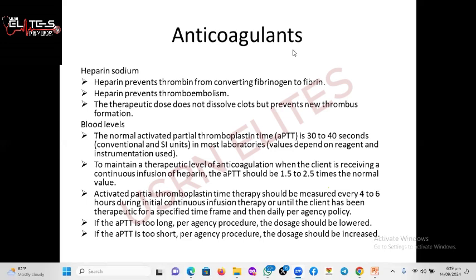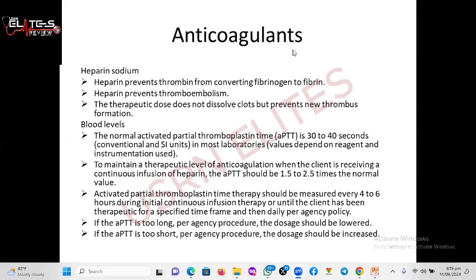Now, if you go on heparin, or if heparin is given, what we should know is that this APTT level will go above the 30 to 40 seconds. So that means that your blood is becoming thinner. And so you stand at high chances of what? Of bleeding. And so when you go on heparin, we now expect the APTT level to go up.